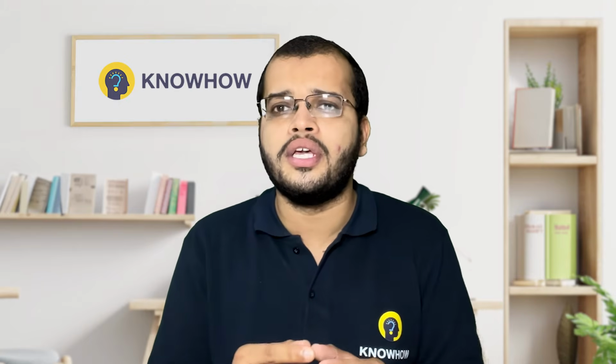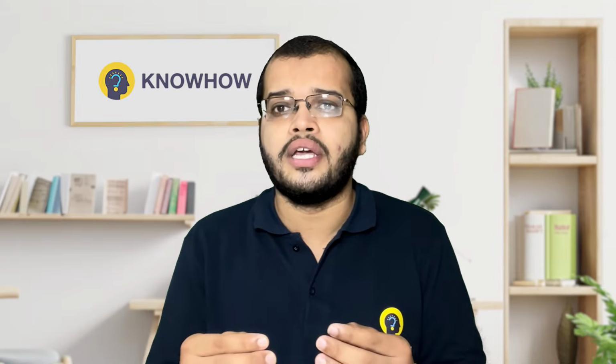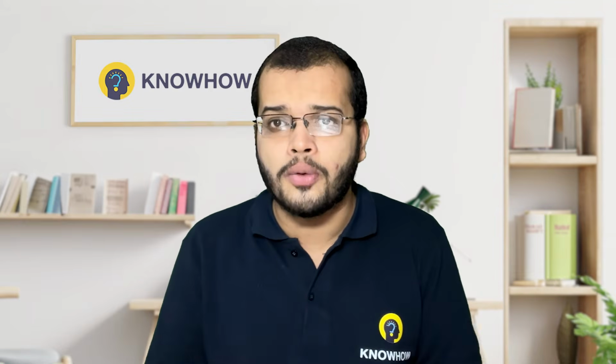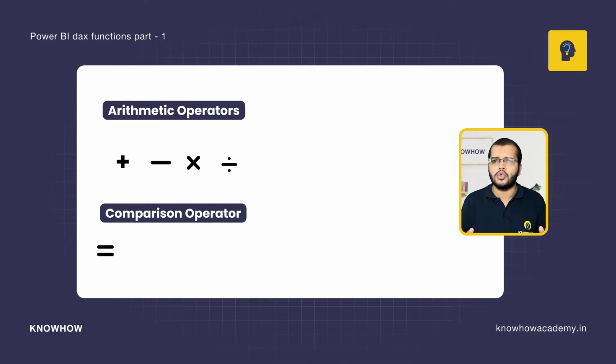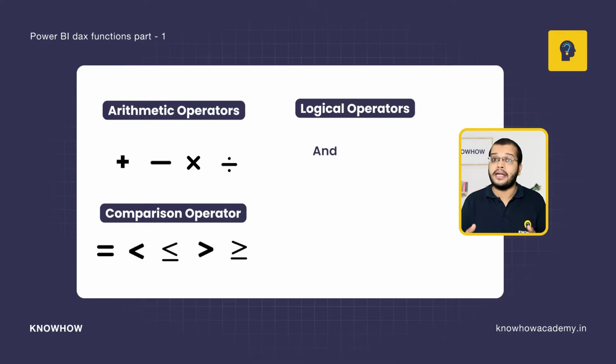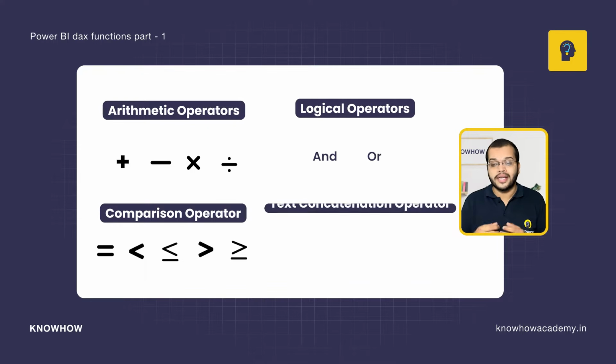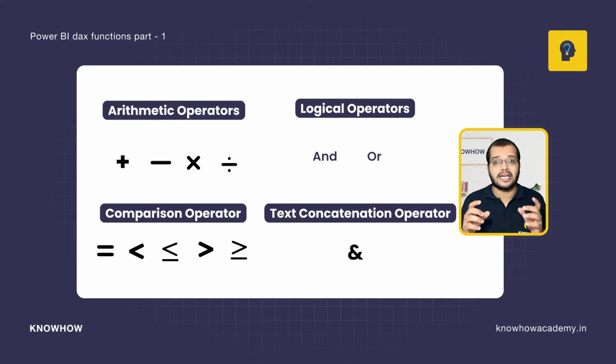We have arithmetic operators, such as addition, subtraction, multiplication, division, and comparison operators, such as equal to, strict equal to, less than or equal to, greater than or equal to. We have logical operators, and, or, and we have text concatenating operators such as concat. So these are the different operators we have.